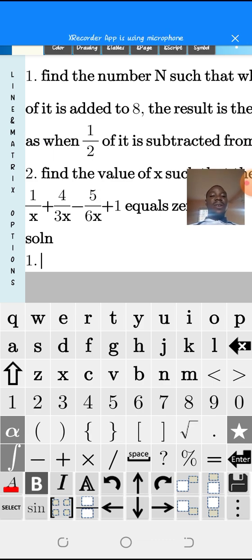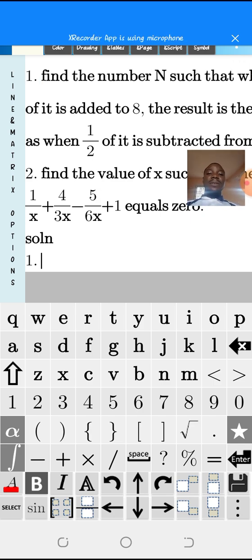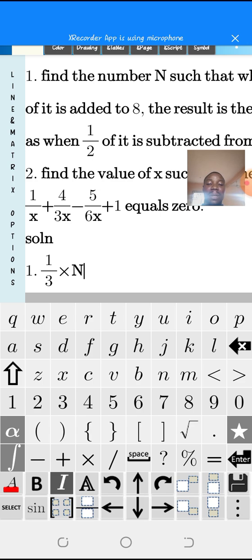Since the number is n, 1 over 3 of it becomes 1 over 3 times n. And they say 1 over 3 of that n is added to 8. That means we add this 1 over 3 n to 8, which makes it 8 plus 1 over 3 times n.